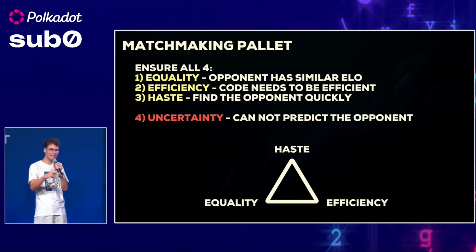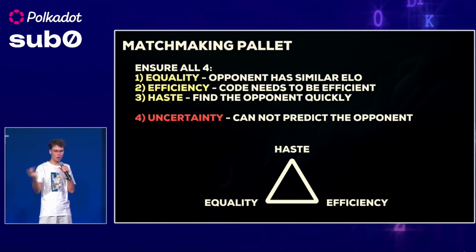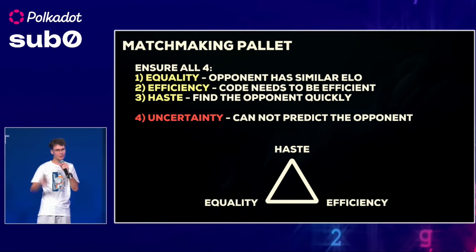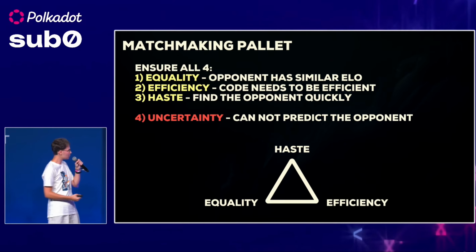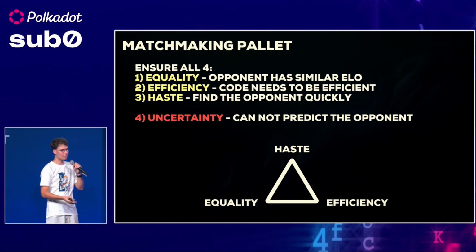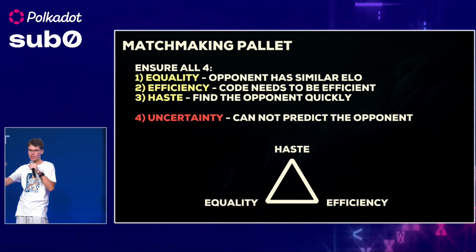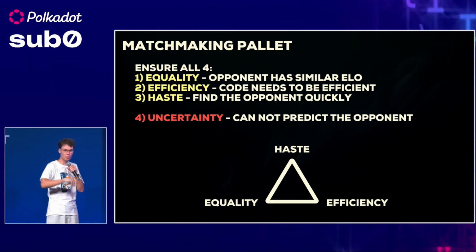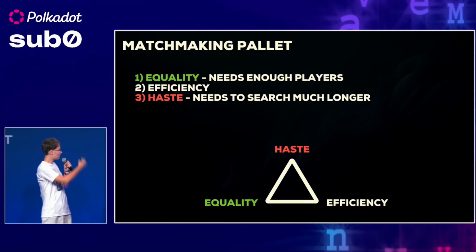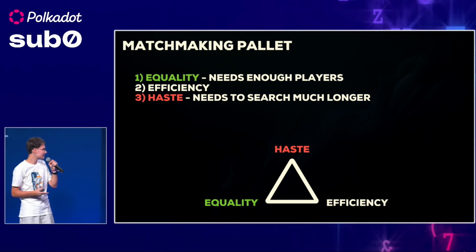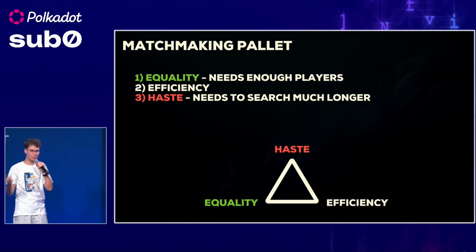You don't want to be waiting there for your opponent for the whole day. You want to play right now at this second. And then also you want to achieve uncertainty so that no opponent can predict their opponent. And also these 3 properties are forming a matchmaking trilemma.